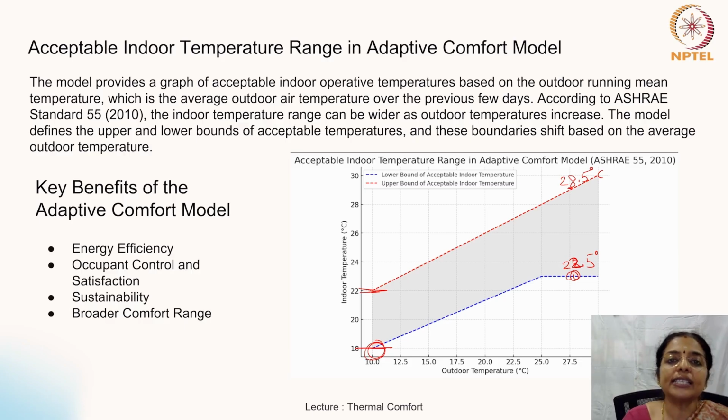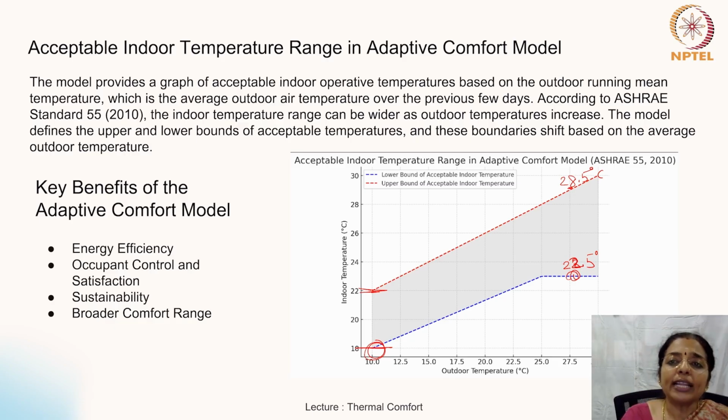So this model provides a graph of acceptable indoor operative temperature based on the outdoor running mean temperature, which is the average outdoor air temperature over a few previous days.